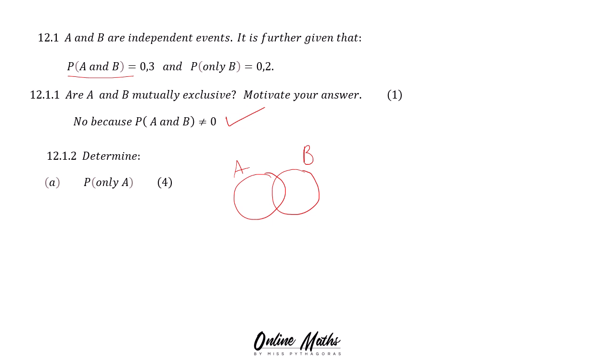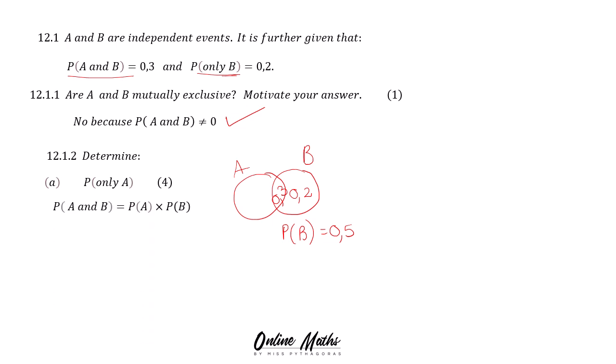That means that part over there is 0,3. And then P only B is 0,2. So that means that PB, the whole of B, is 0,5. If you say 0,3 plus 0,2 is 0,5.